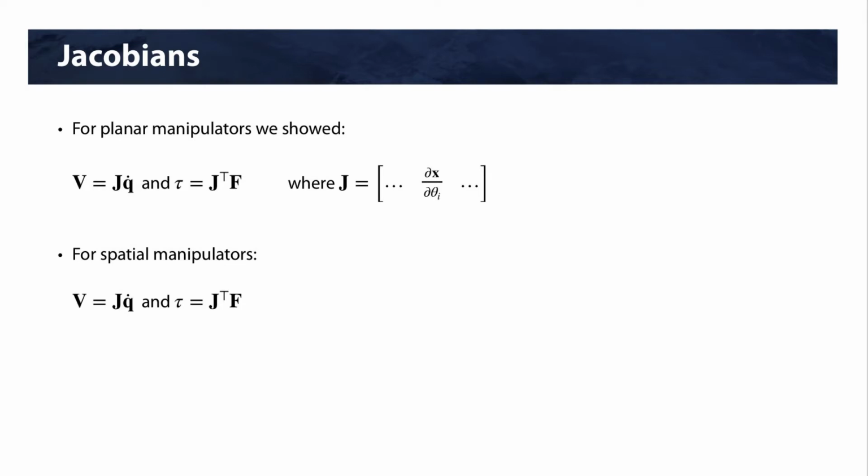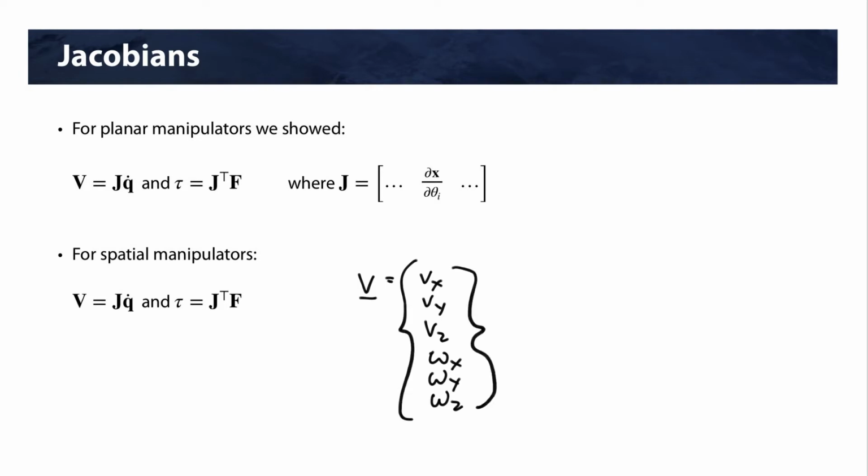We can define the velocity of our end effector in this case as having 6 components: 3 translational in the x, y, and z directions, and 3 rotational, which are the angular velocities about the x, y, and z axes. So we have a translational part and an angular part.